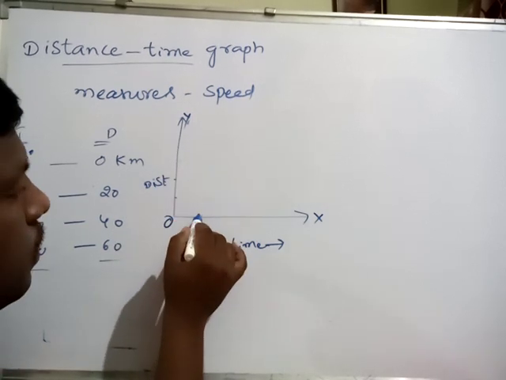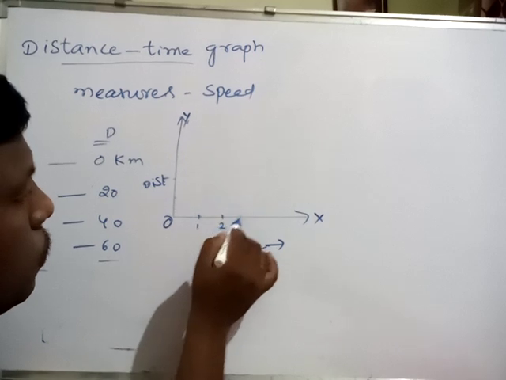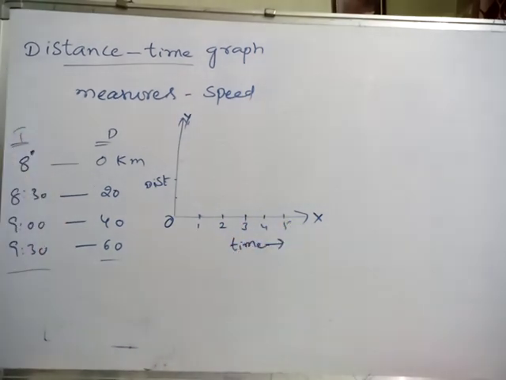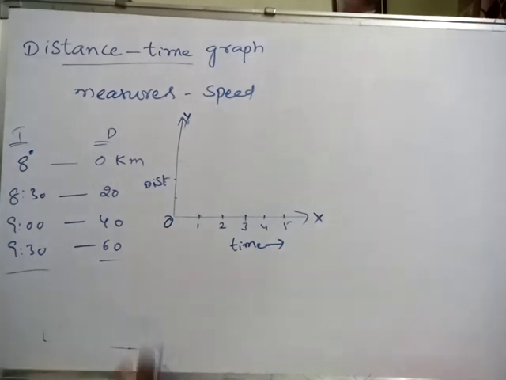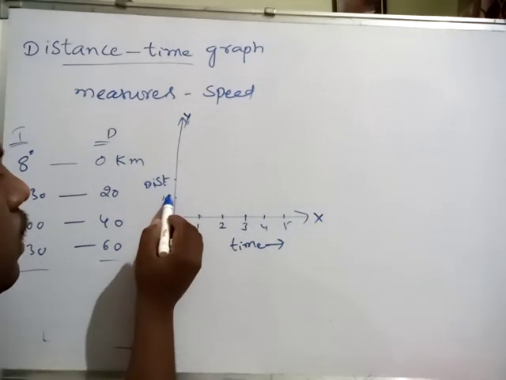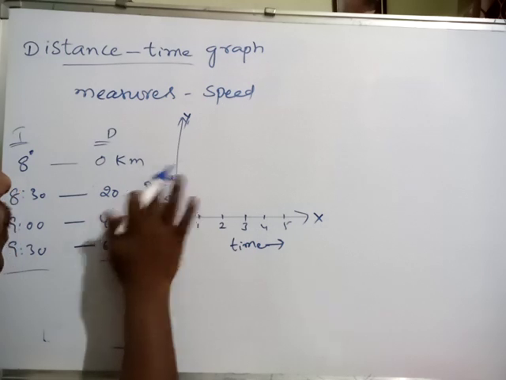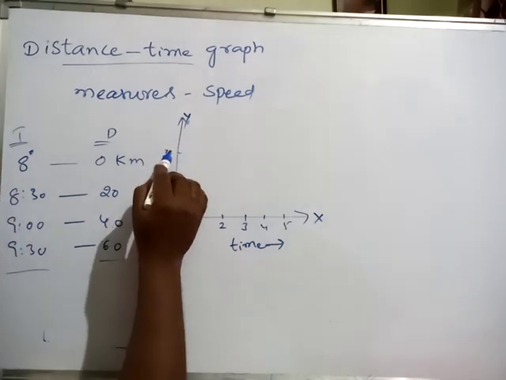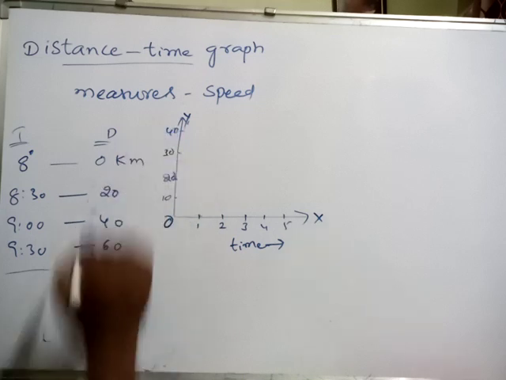I am considering 1 2 3 4 5 like that, and distance I am considering as 10, 20, 30 kilometers and 40 kilometers.